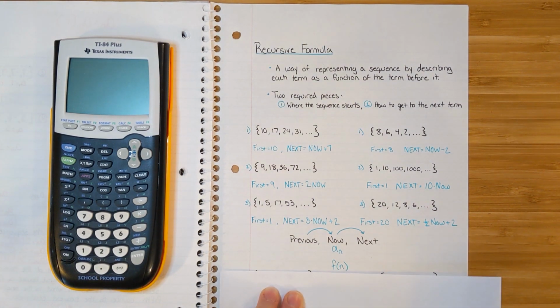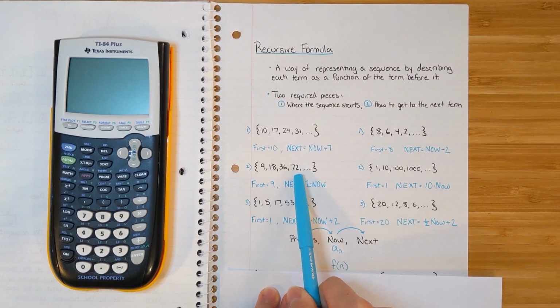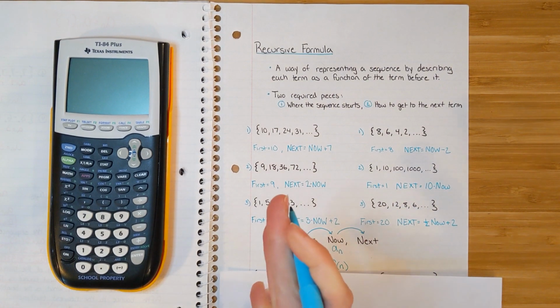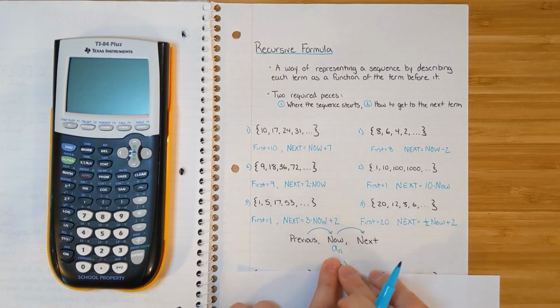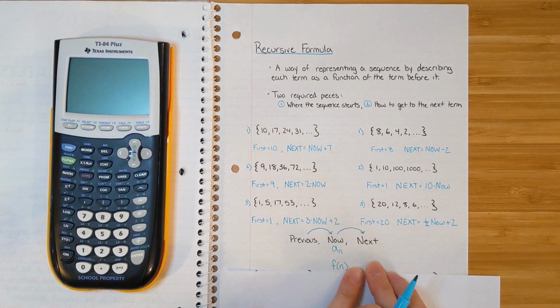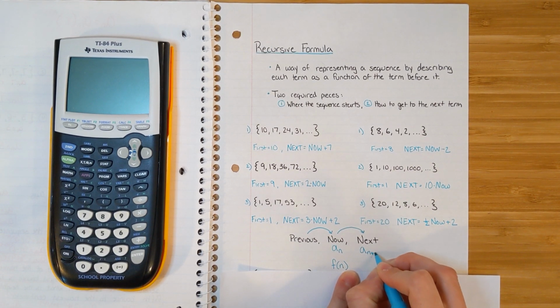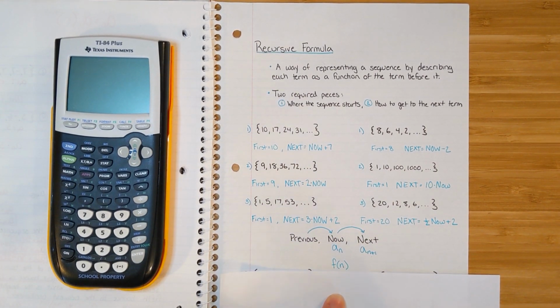The next term that would come right after it in the sequence, if this is the third term, the next term would be the fourth term. If this one's the fourth term, the next one would be the fifth term. Anytime you want to get to the next term, you just add 1 to that spot. So if I know that now is a sub n, the next term is a sub n plus 1. And that whole expression n plus 1 is in the bottom right-hand corner, subscript notation.